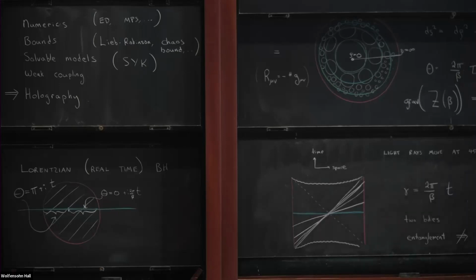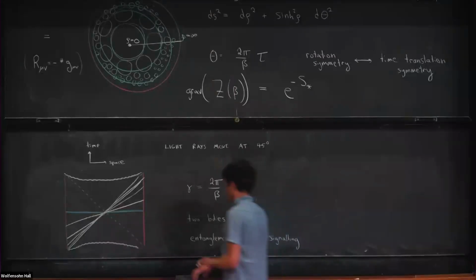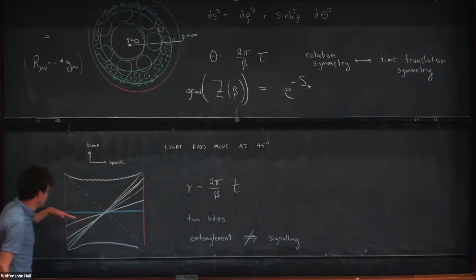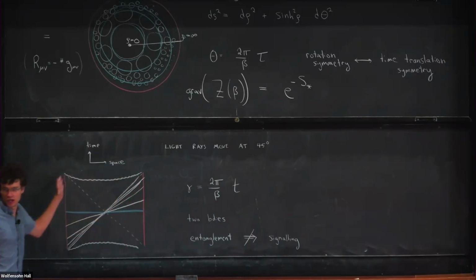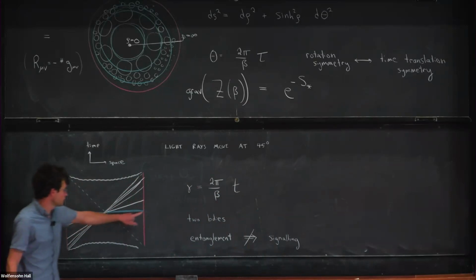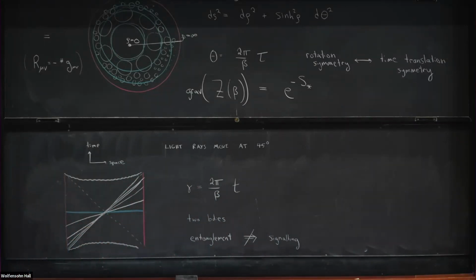So let's explain a couple of properties of this geometry. One property is that if you look at this blue slice here, or any of the white slices you get by acting with a time translation, that thing has two boundaries. In other words, it intersects the red locus, which is identified with the space of the dual quantum system, in two places, once on the left and once on the right. And those two boundaries correspond to two copies of the quantum system.